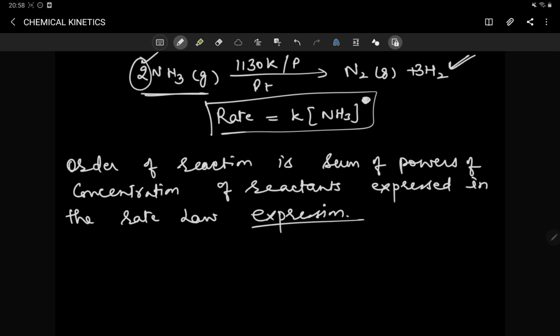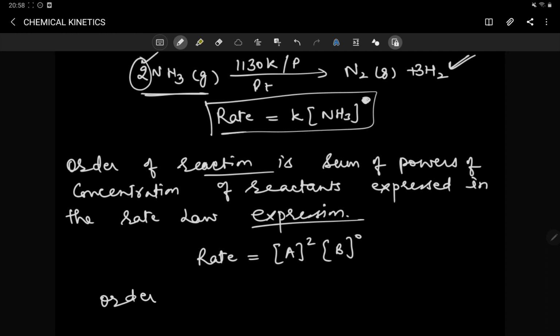So one thing is very clear. Number one, order of reaction, what is it? Say for example, if for a reaction the rate law expression is like this: rate is equal to A raised to power 2 and B raised to power 0. So what is the order of reaction?